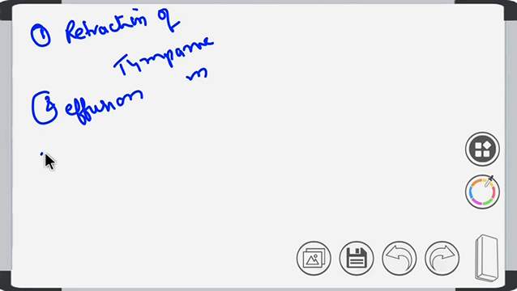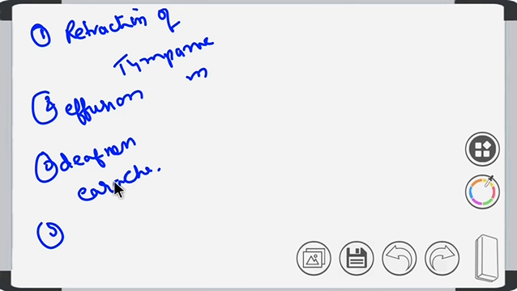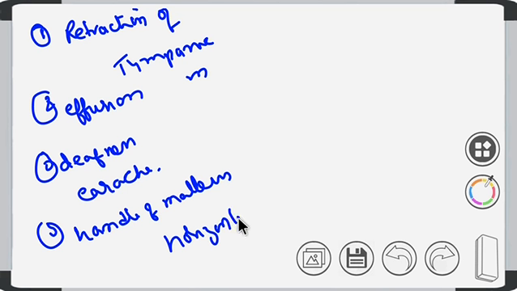Other symptoms include deafness and earache, and the handle of the malleus will assume a horizontal position. So in the stage of tubal occlusion, we see retraction of the tympanic membrane, effusion, deafness, earache, and the malleus assuming a horizontal position.